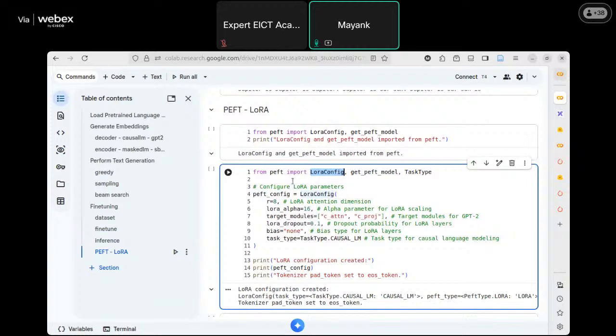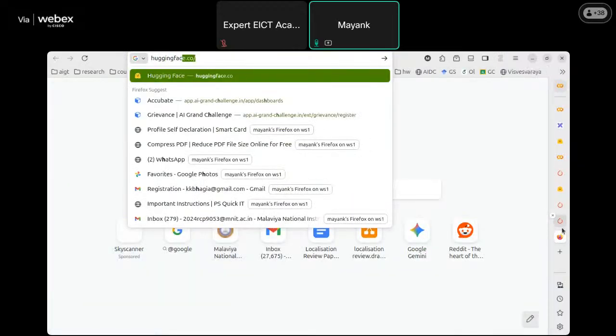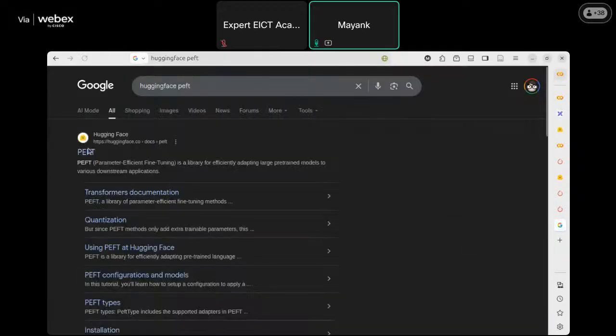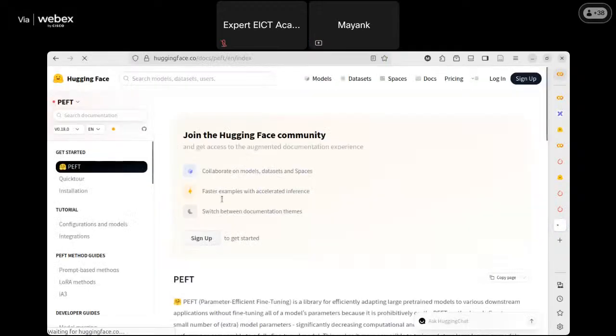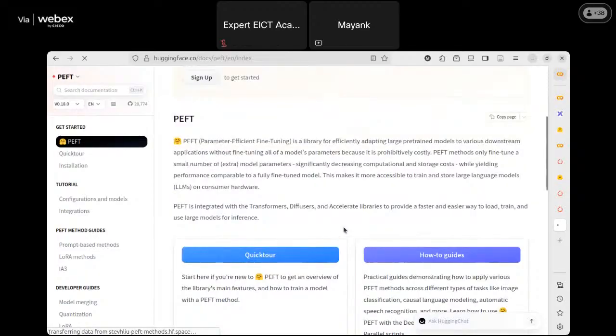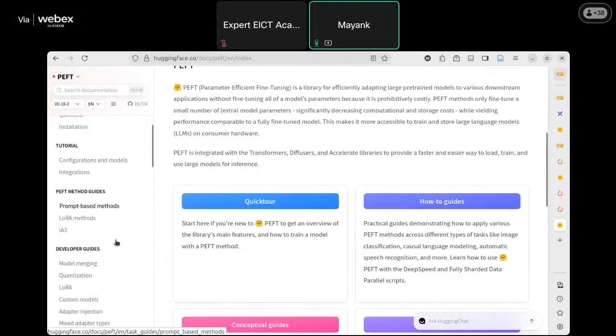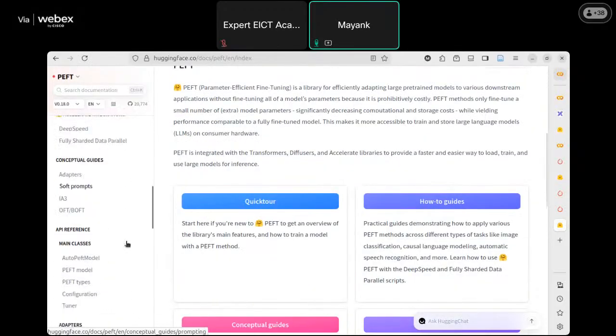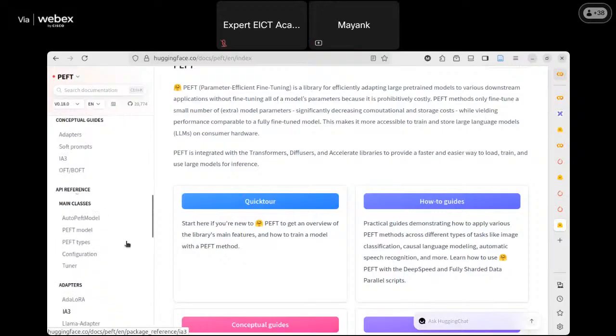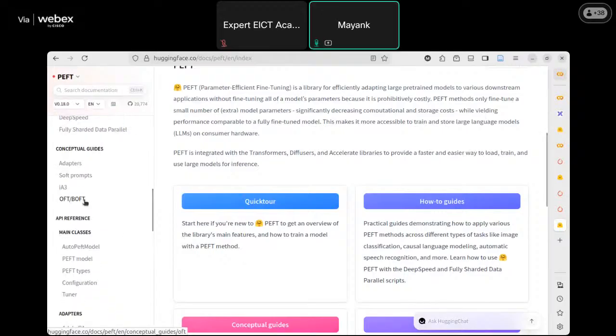I would recommend you to go and look at the documentation provided by Hugging Face. Let's see if we can pull it up. So PEFT, there are techniques of PEFT, OFT, BOFT.